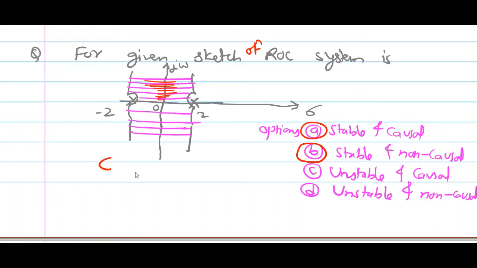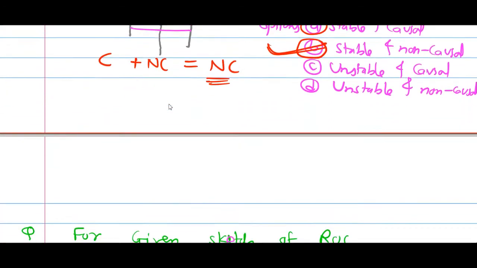For this pole, it is going towards the left side, so it is non-causal. So the overall answer will be non-causal. Causal plus non-causal is non-causal. So the correct answer for this question is stable and non-causal. Why stable? Because it is crossing the j omega axis. And why non-causal? Because for this pole at 2, it is going towards the left hand side. So the overall answer is stable and non-causal.